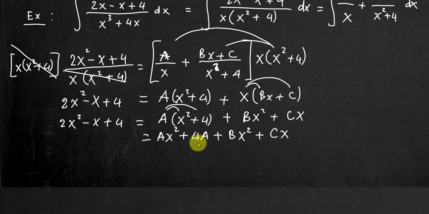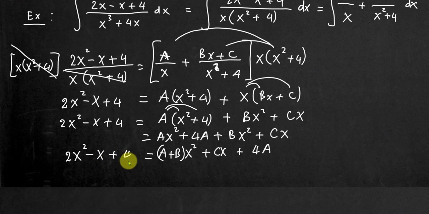Now we can combine the like terms together. I have x squared and x squared, so I can factor out the x squared: (A plus B) multiplied by x squared. Then I have the linear term Cx, and finally the constant term 4A, and this is equal to the left-hand side, 2x squared minus x plus 4.